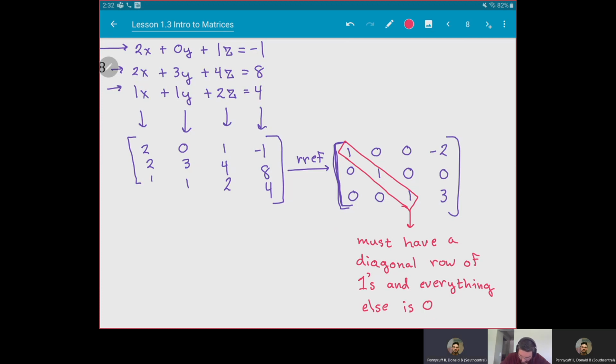If you've got other numbers in here, let's say this was a 7, then that would indicate that it did not work correctly and there was no solution. Okay, so you want that.